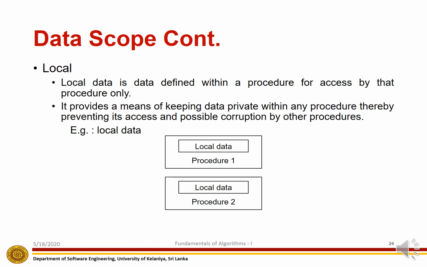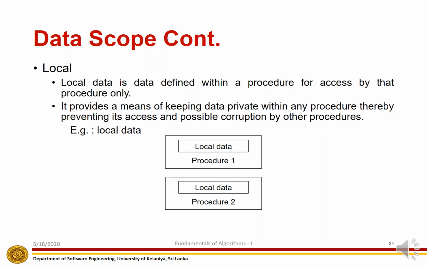The other one is local data. Local data is accessible only from within the program in which the local data is declared. Local data is not visible or accessible to any program outside of the one where it is declared. In the algorithms, if we define the data within a procedure, it cannot be used by another procedure.